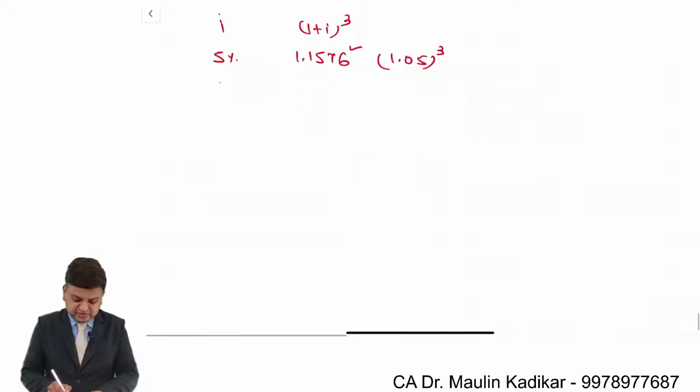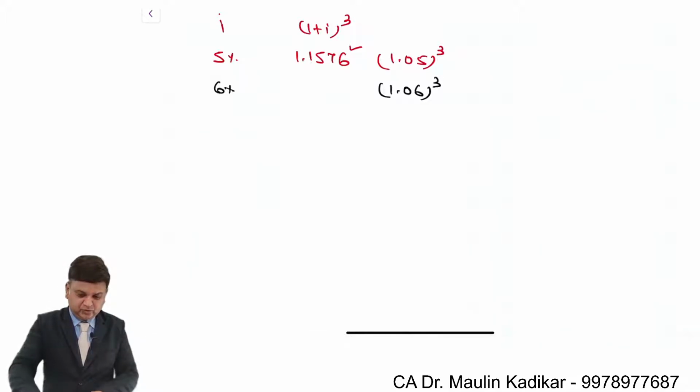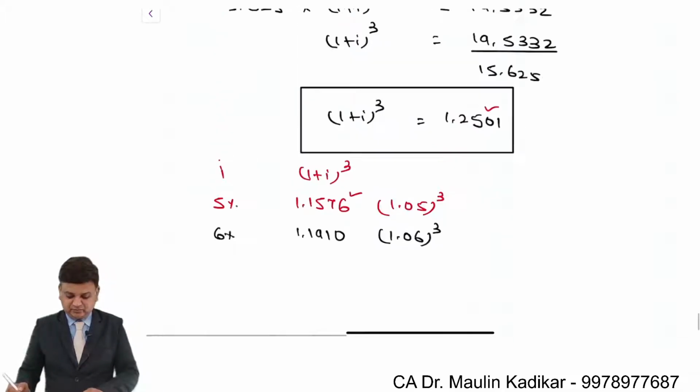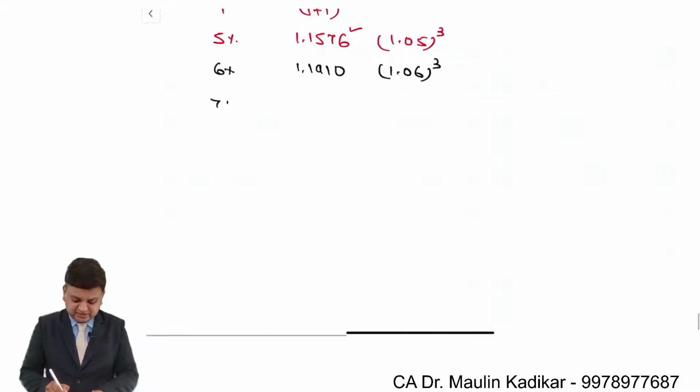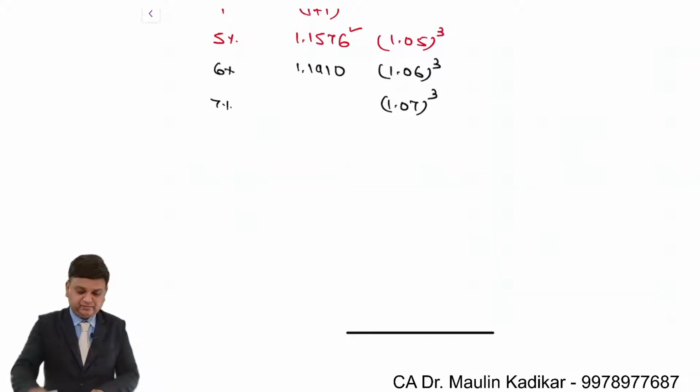Let us increase to 6%. 1.06 raised to 3 is 1.1910. Again it is less than what we desire. Let us take 7%. 1.07 raised to 3 is 1.2250.